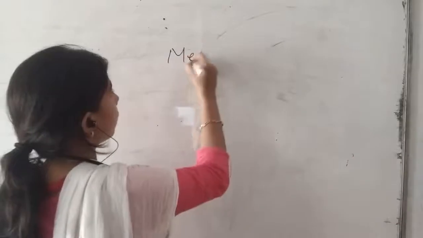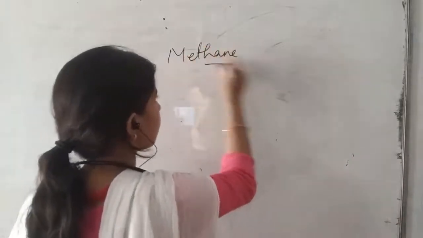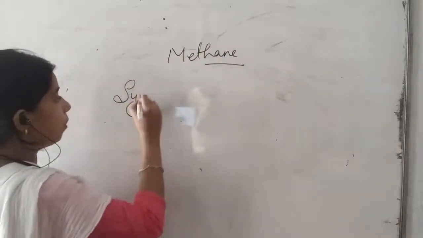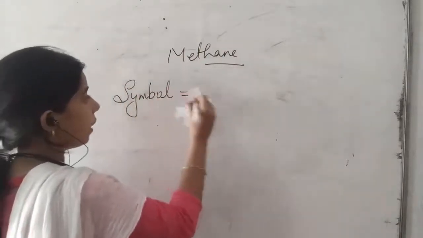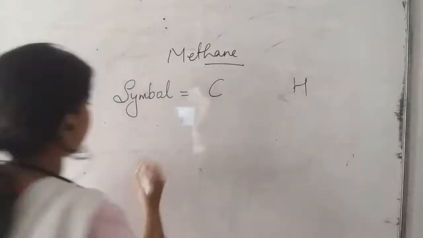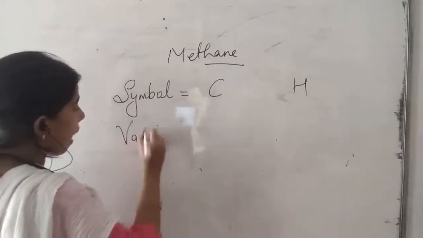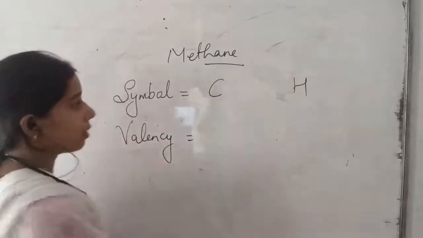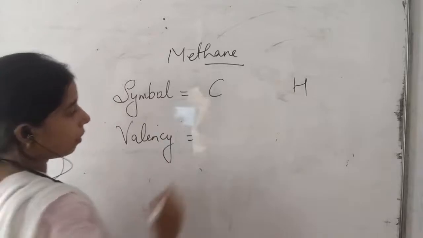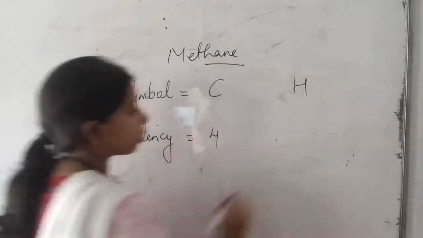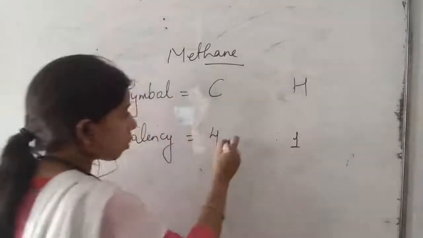We will take another example, methane. Methane basically consists of carbon and hydrogen. So we will write the symbols: carbon and hydrogen. Then we will write the valency just below the symbol. The valency of carbon is 4 and the valency of hydrogen is 1.